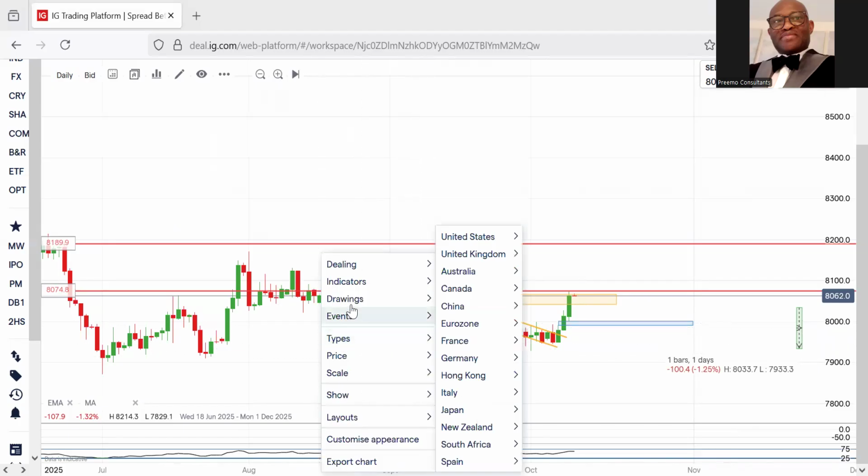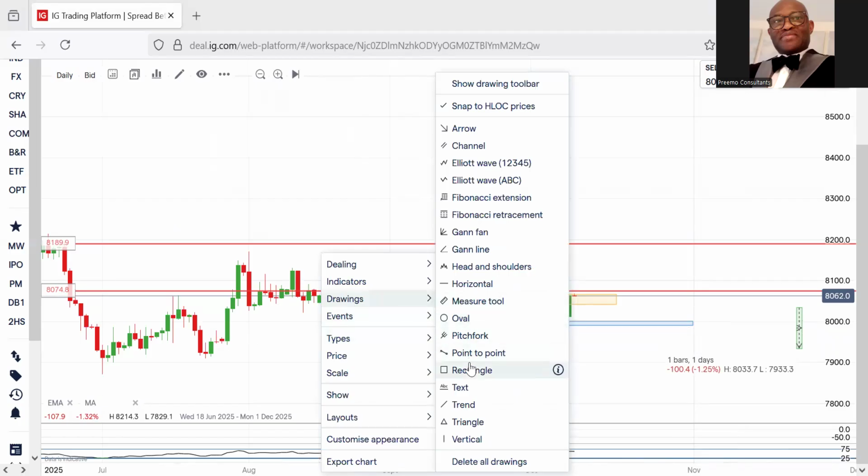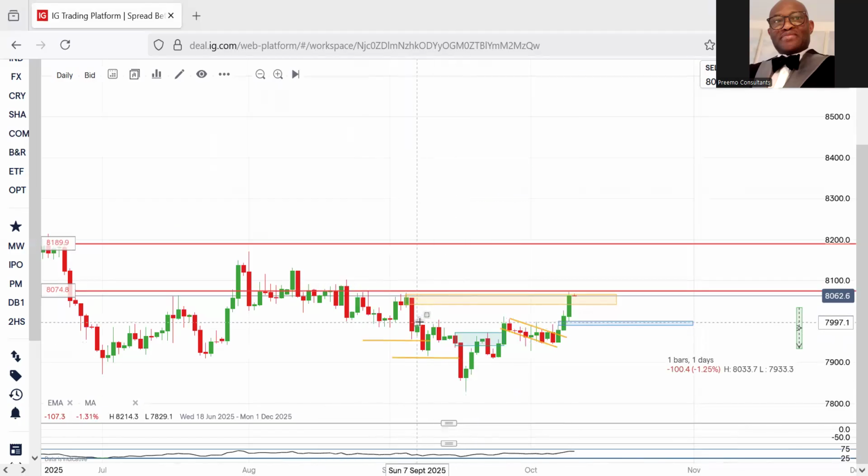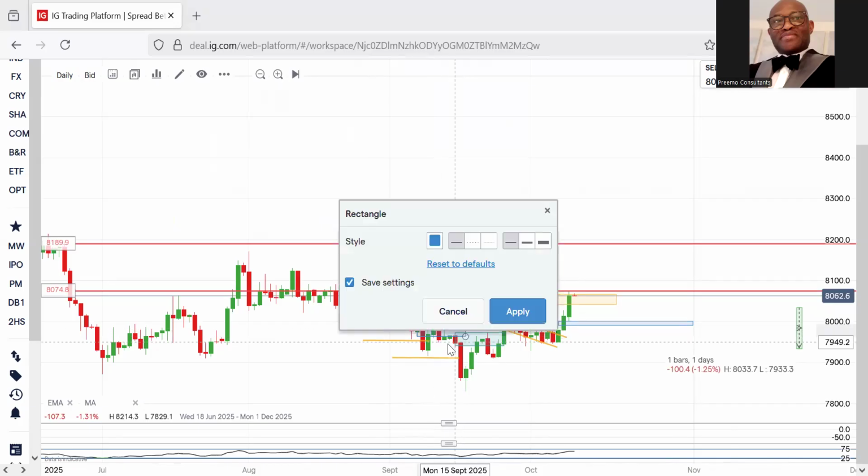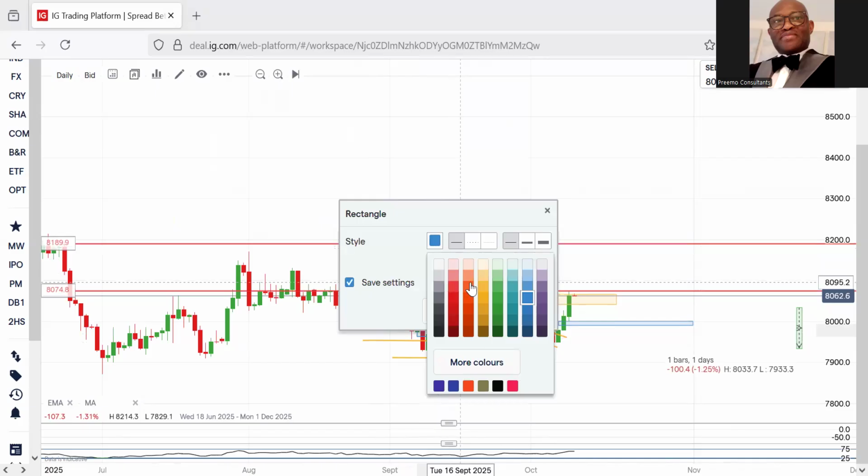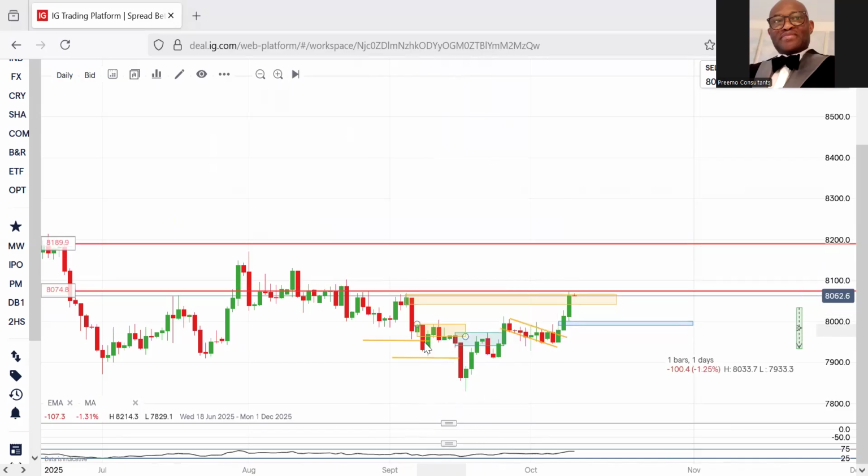I would like to say that origin should be plotted in this manner, turning that bar to yellow to indicate some form of order block there.